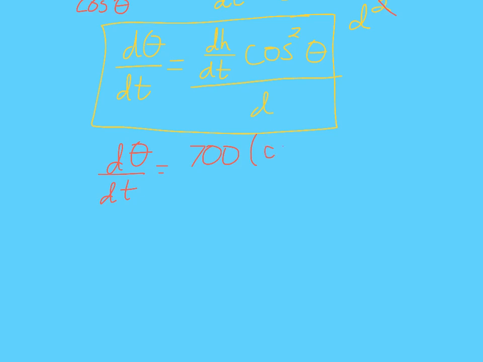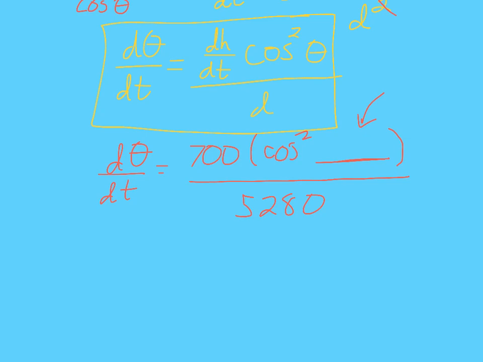We have cosine squared theta. I don't have that theta at this instant in time. So I'm going to go ahead and find that, but I'm just going to finish this off. D was our 1 mile, 5,280 feet. All right, so I'm going to need this theta right here.